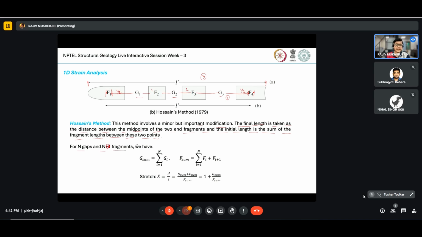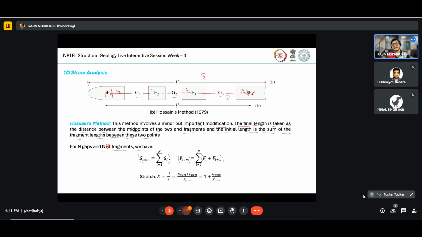For n gaps and n number of fragments, we have the formula again. For G sum, the formula remains the same, but for F sum, or the total length of the fragments, we have Fi plus Fi plus 1. We consider the length of the next fragment as well, where i is 1 to n, not n plus 1. As you can see, we have taken this half and this half.